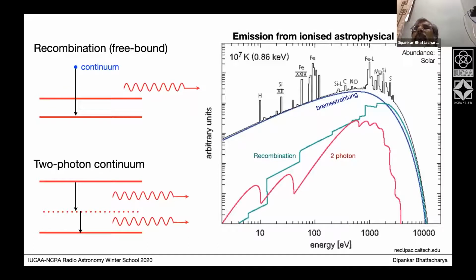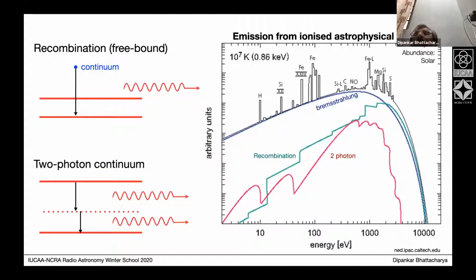Now, the initial state is a free state, which means it could have any energy, while the final state is a defined state in a quantum state of the atom. But since the initial state is free, this produces radiation at arbitrary values of energy, at arbitrary values of photon frequency. So this also produces continuum. It is just that both ends are not free. It's free at one end, but is bound at the other.